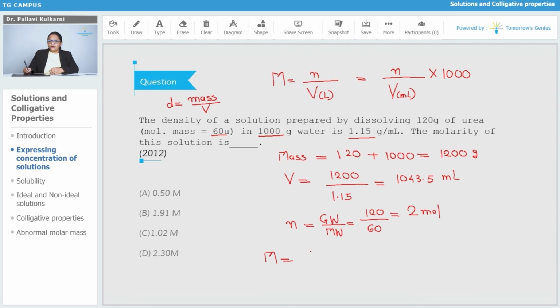Molarity is equal to the number of moles of solute divided by the volume of the solution in milliliters, 1043.5, multiplied by 1000. When we solve it, it comes out to be 1.91 molar. That is option B, the correct answer for this question.